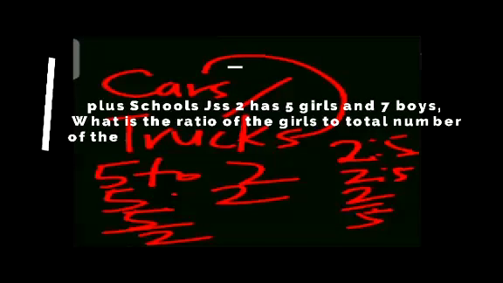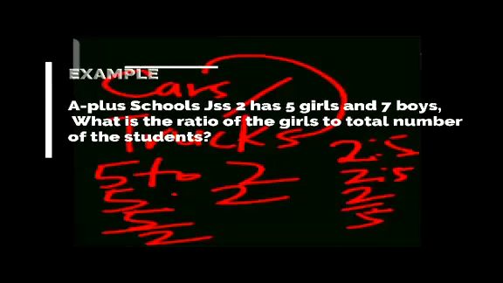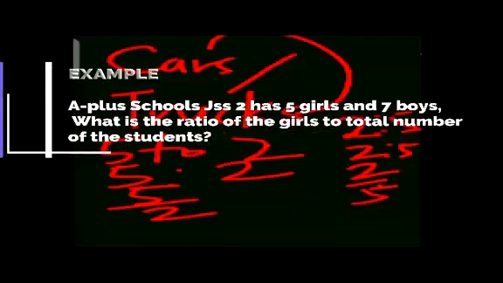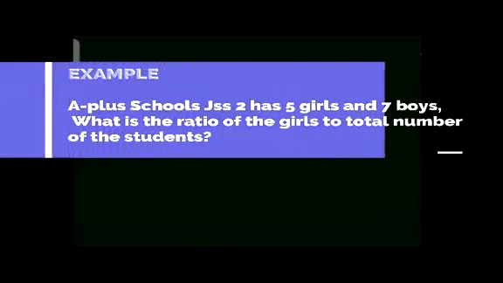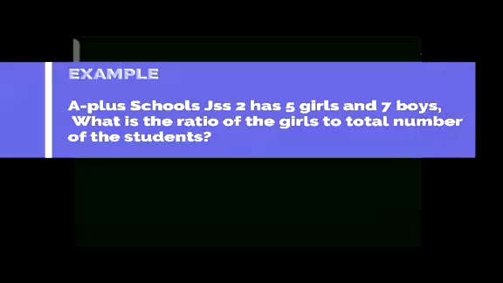Let's have this as well as an example. The question says a school's JS2 has 5 girls and 7 boys. What is the ratio of girls to total number of the students?